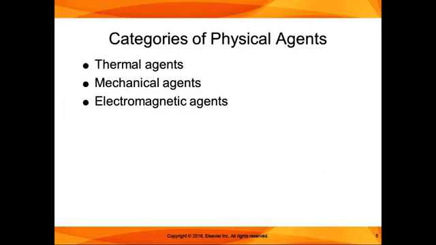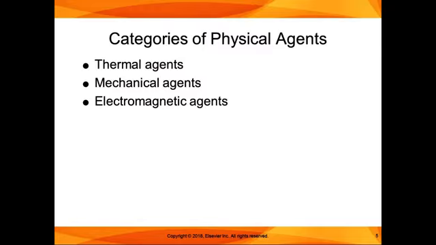The categories of physical agents that we are going to discuss in this course are thermal agents, mechanical agents, and electromagnetic agents. Thermal agents include superficial heating and deep heating agents and superficial cooling agents. Mechanical agents include traction, compression, water, and sound.